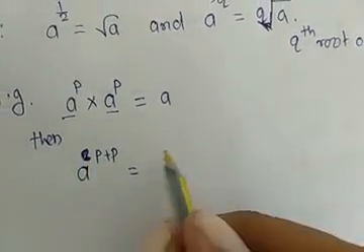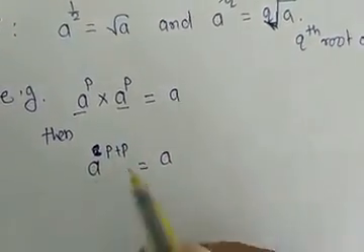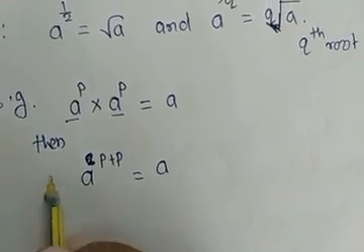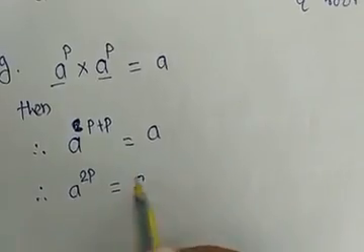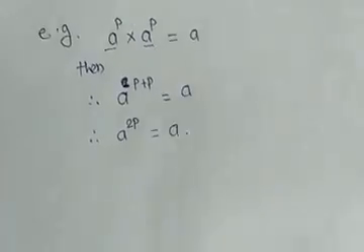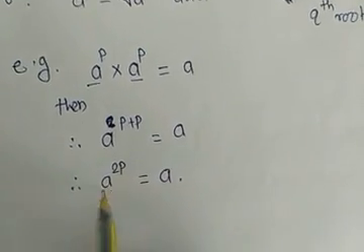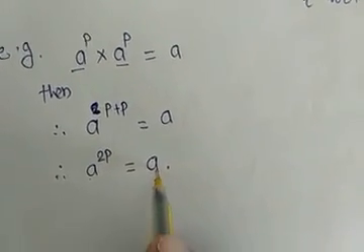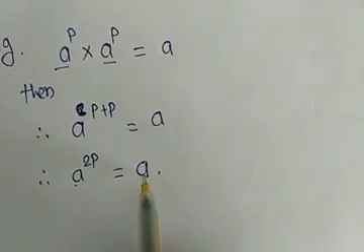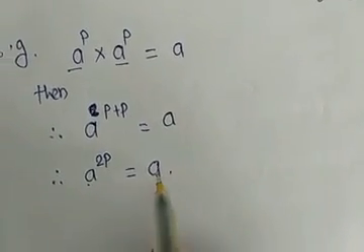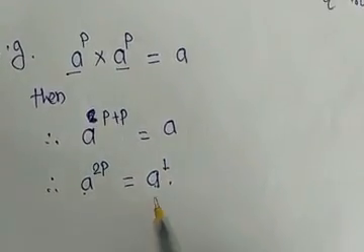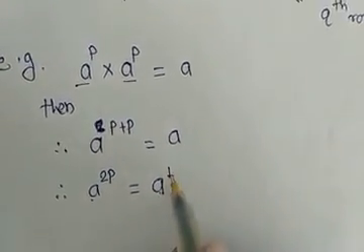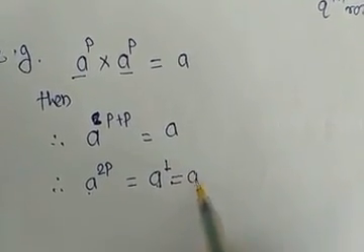Which is equal to a. Okay, a raised to p plus p gives a raised to twice p is equal to a. Now if we consider both sides, the bases are the same, a raised to 1, which is equal to a.